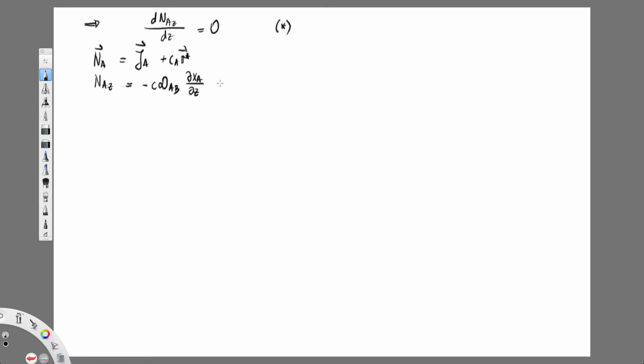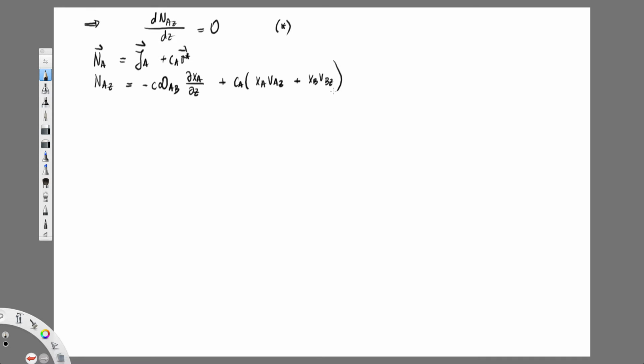And plus my CA V star Z by definition. It's my average of all components using these fractions XA and XB, so it's going to be XA VAZ plus XB VBZ.